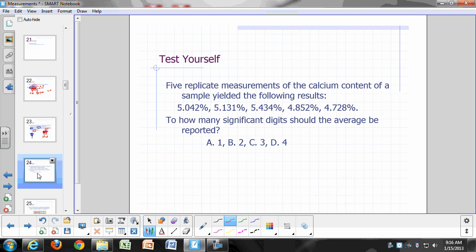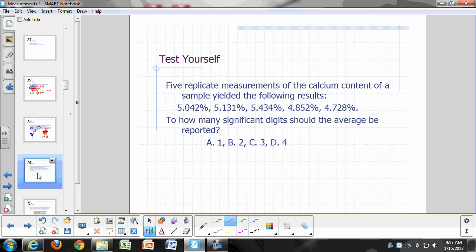How about this one? There are 5 replicate measurements of the calcium content of a sample, and you got the following results: 5.042%, 5.131%, 5.434, 4.852, and 4.728%. So how many significant digits should we report the average? To determine how to report the average, you estimate the uncertainty, and the quickest way is to determine half the range.